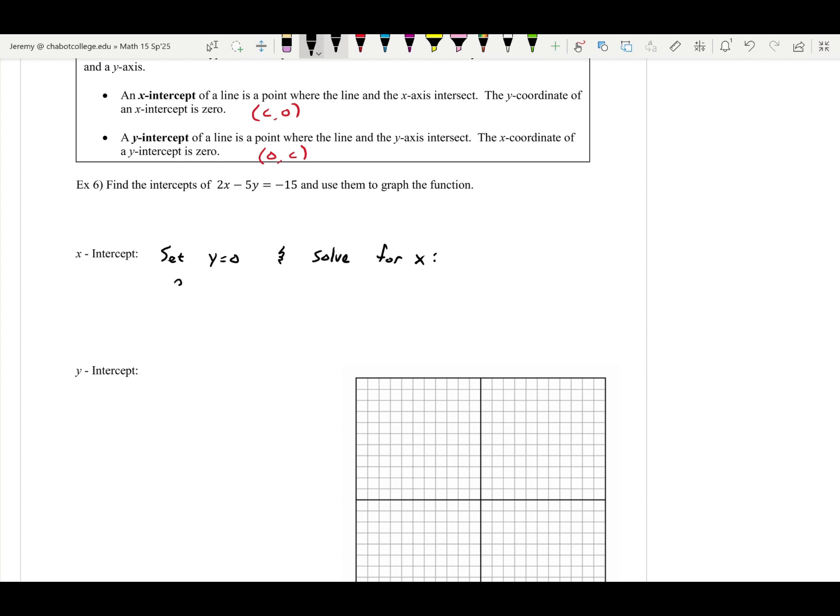So here we go. 2x minus 5 times 0 is equal to negative 15. That's plugging in 0 for y. So I just get 2x is equal to negative 15.